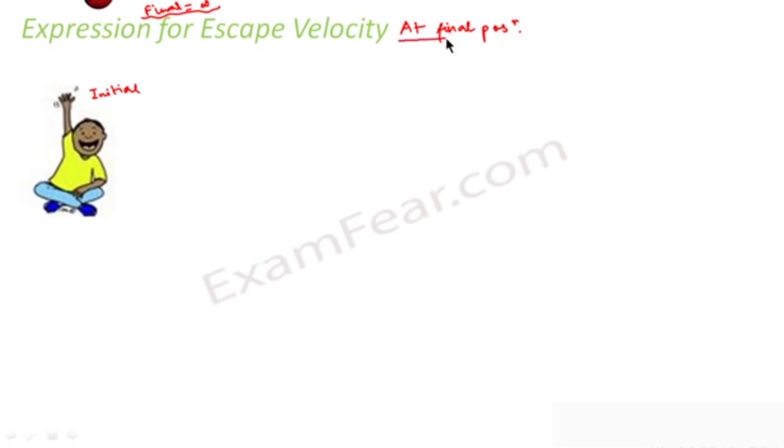So let us start with the final position. At the final position, which is infinity, what should be the total energy? Total energy at infinity should be equal to kinetic energy at infinity plus potential energy at infinity, right?